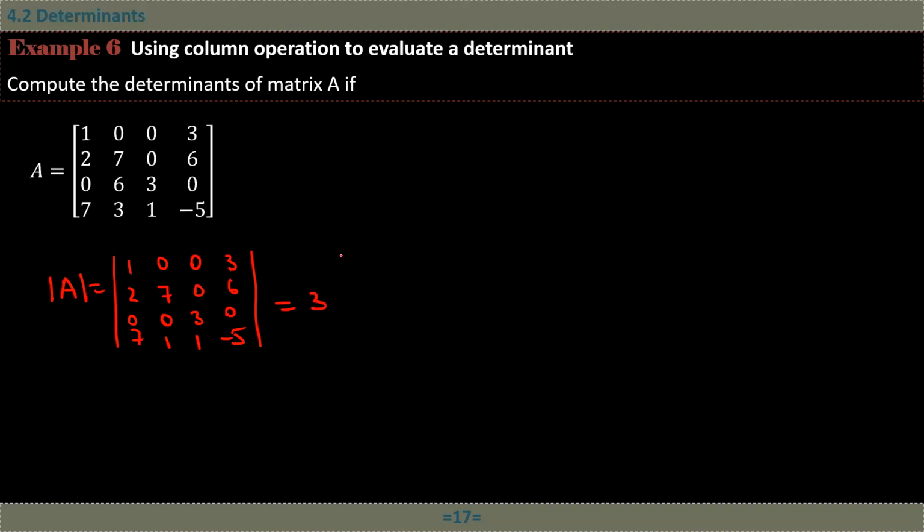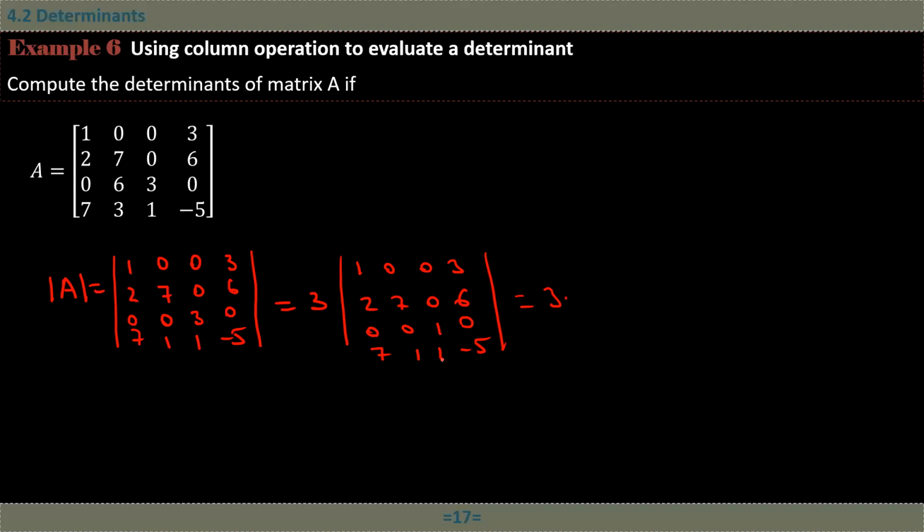I can just take this out. And here we will have 1, 0, 0, 3, and 2, 7, 0, 6, 0, 0, 1, 0, 7, 1, 1, minus 5. So now if you compute this determinant by cofactor expansion along the third row, just here 0, 0, only here we have 1.